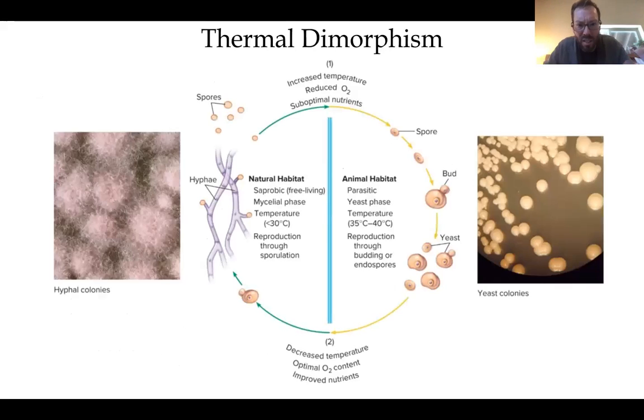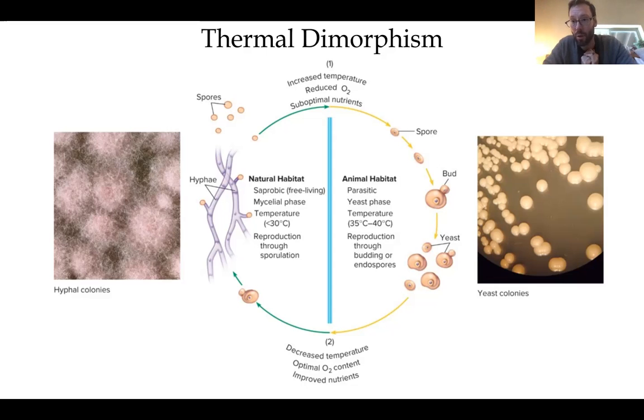This is just a scheme to outline that. In a natural habitat, just hanging out in the environment, it's going to be this fuzzy hyphae. The hyphal cells will bud off spores for reproduction.